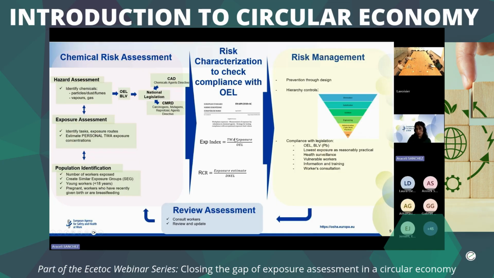And once you have characterized your risk, then you move to the next step in the risk assessment, which is risk management, giving priority to prevention through design and applying, obviously, the hierarchy of controls where, as I said, elimination and substitution are the most important.